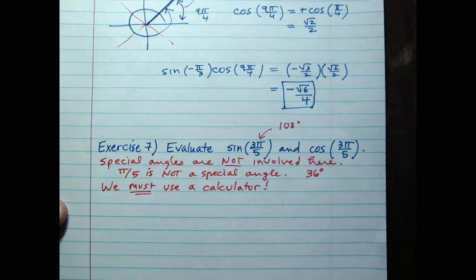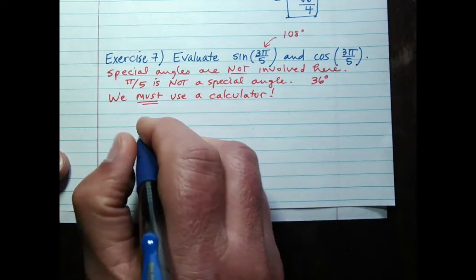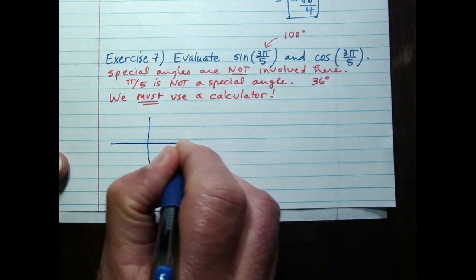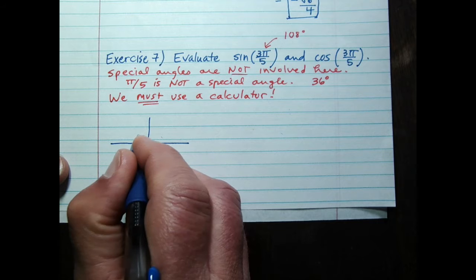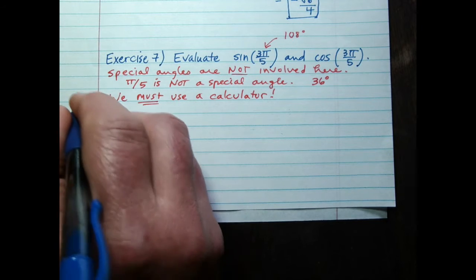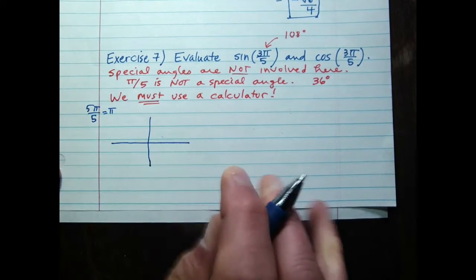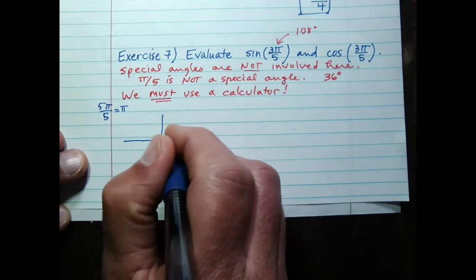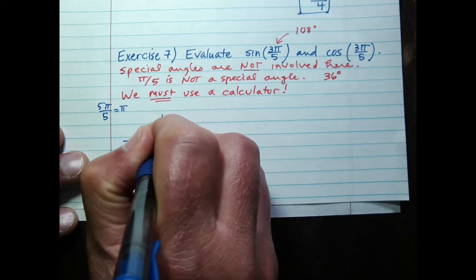So we can find a reference angle, we can determine the quadrant, we can do all that kind of work. In fact, let's just try to draw a picture. But the reference angle is no help. 3 pi over 5. 5 pi over 5 is like 180, right? So 5 pi over 5 is pi. So 3 pi over 5, I think you can kind of see it's more than halfway to pi.